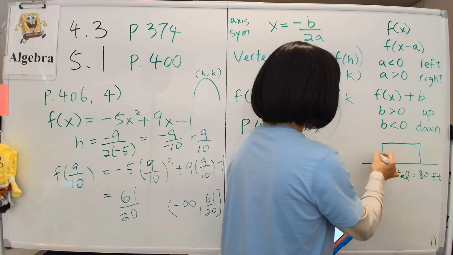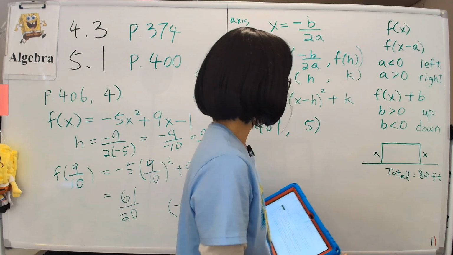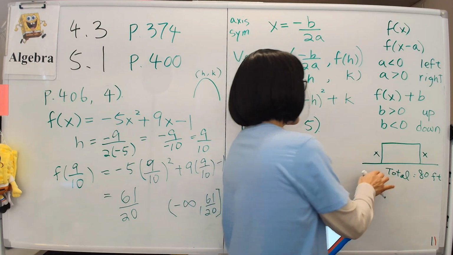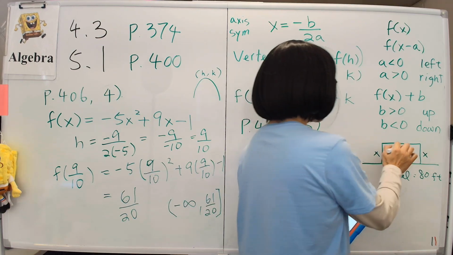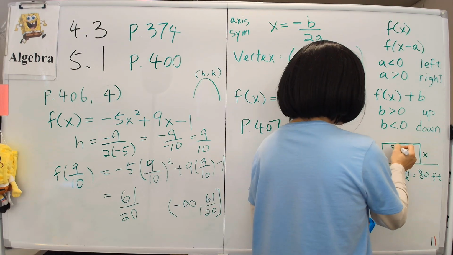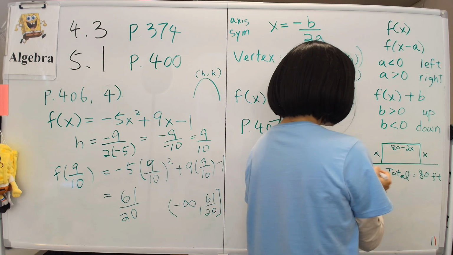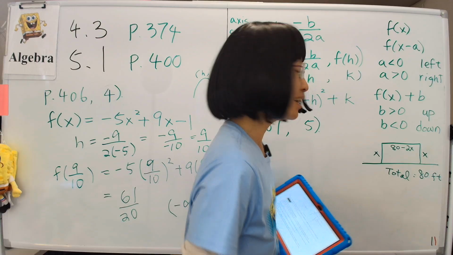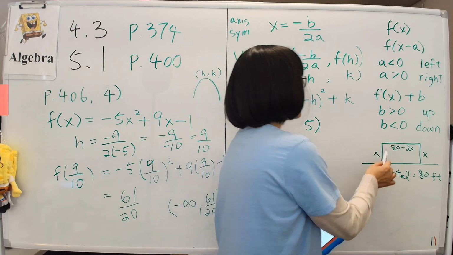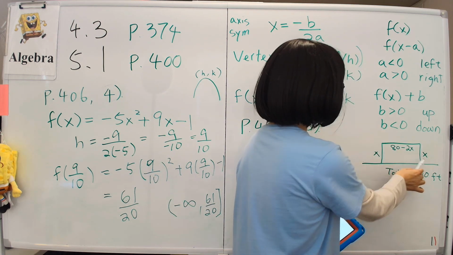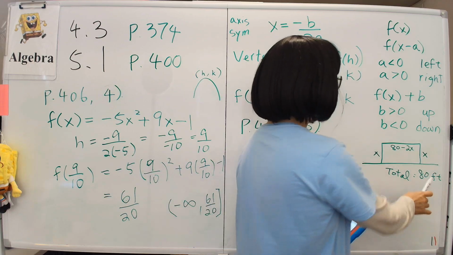So to do that, we have this side is x, and that side is also x. We'll call the side x. Your book calls it something else, which is fine, but I like to call it x. And then what's left here will be 80 minus 2x, right? Because you're only doing this part. This is the backyard fence, so that's already there. So the total amount of fencing will be x plus 80 minus 2x, which is 80 feet.